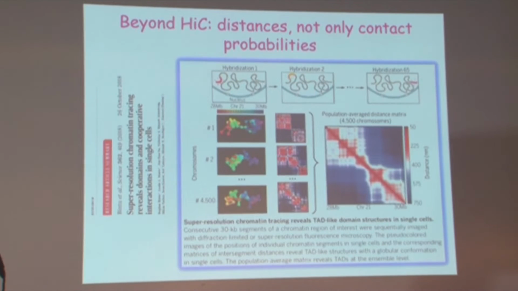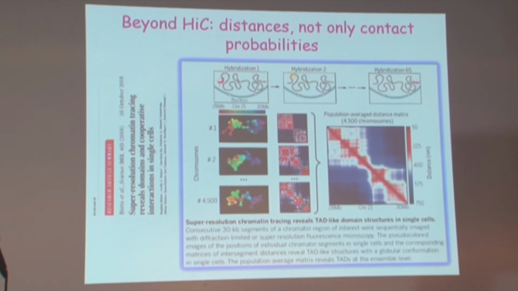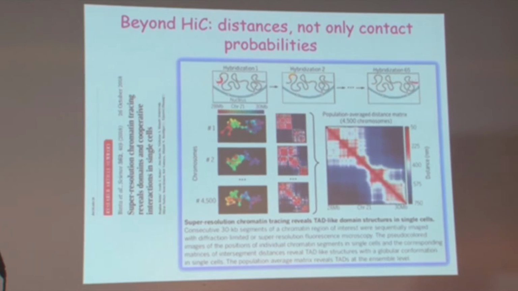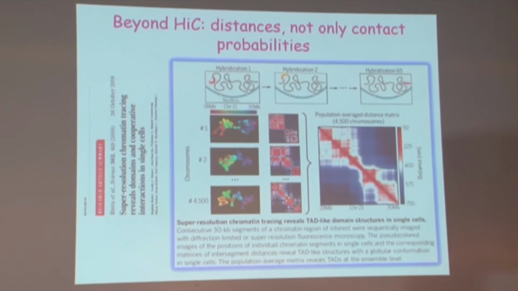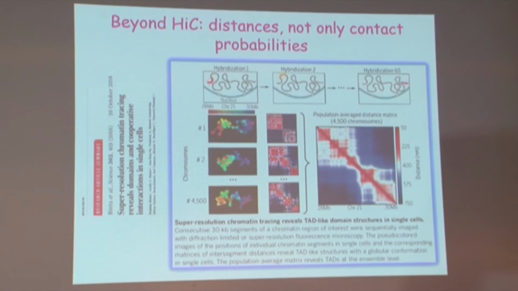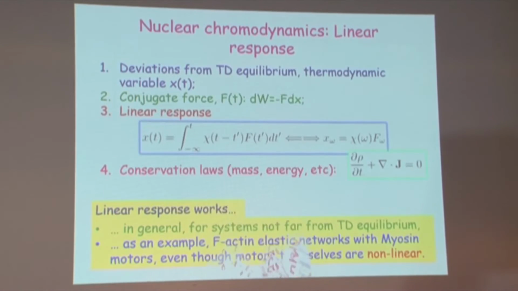In this regard, I am very much excited about this new paper by Bintu and company, where they went beyond high C, and this way, I hope, the question of slip knots and the question of entropy of high C maps and so on can be addressed eventually.